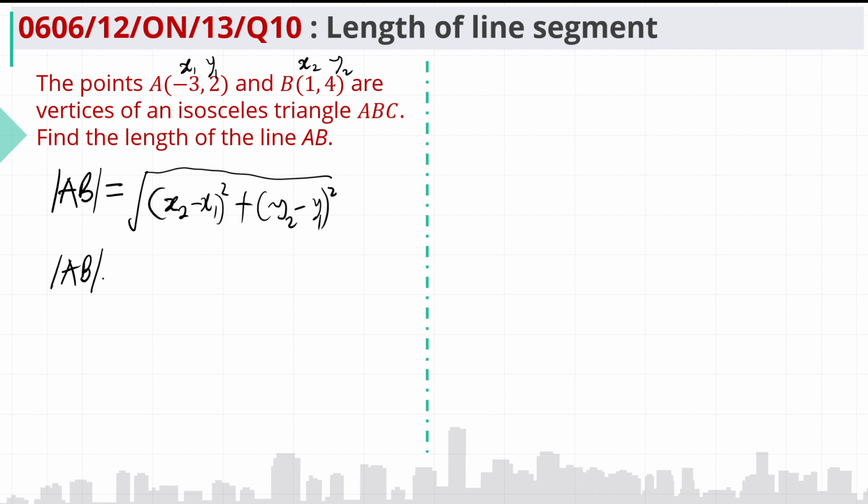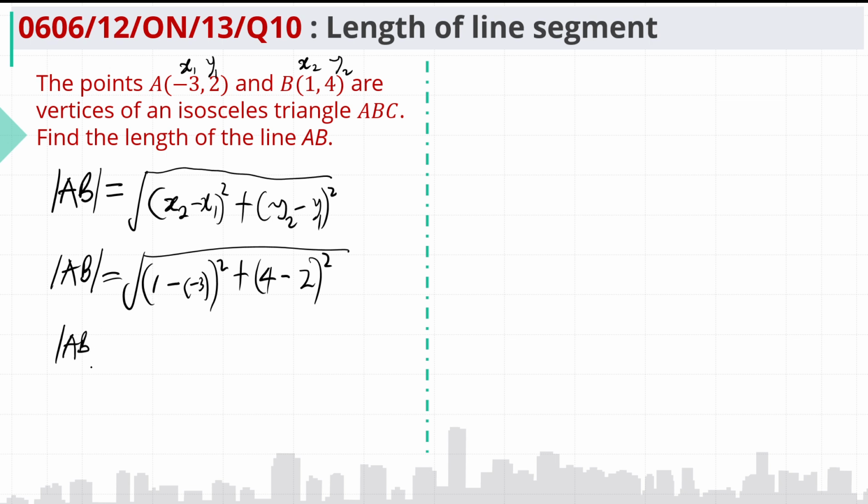Now substitute. Our S2 is 1, S1 is minus 3. Our Y2 is 4. Our Y1 is 2. Now 1 minus minus 3 gives us 1 plus 3, 4. 4 squared is 16. 4 minus 2 is 2. 2 squared gives you 4.